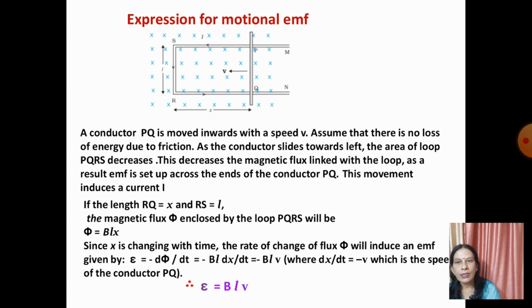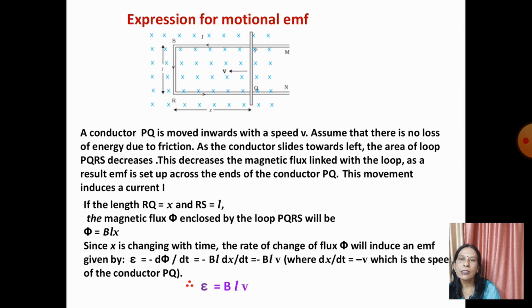This dx by dt is nothing but the velocity with which the conductor is moving towards the left side of the rectangle. This dx by dt is equal to minus v. Why minus v? Because the distance x is decreasing with respect to time.